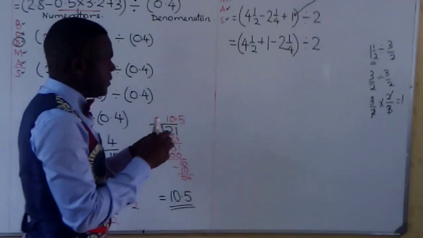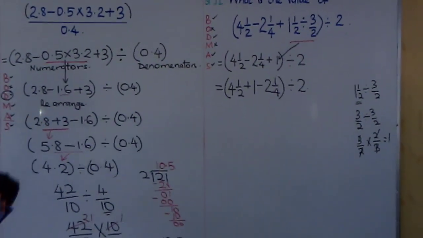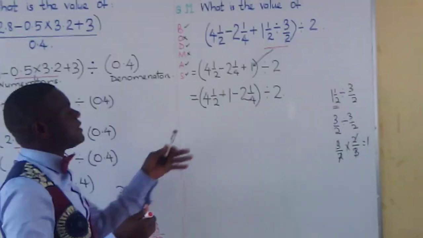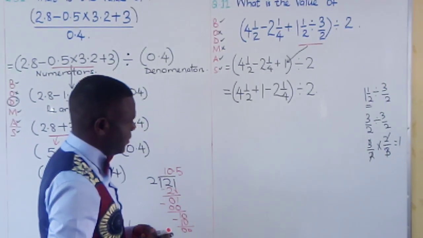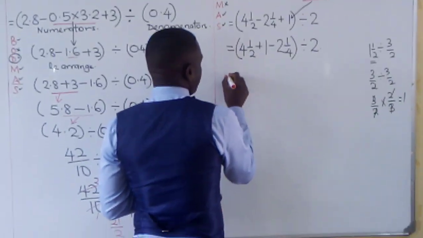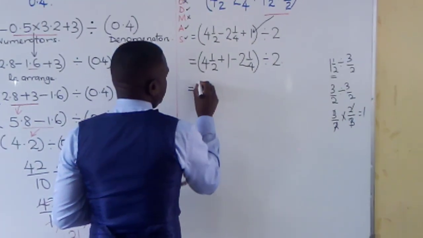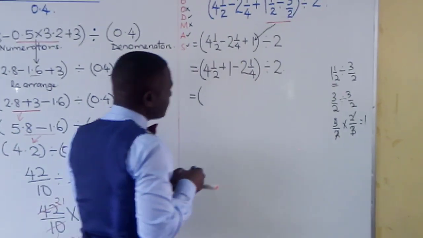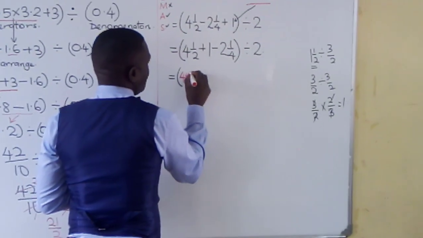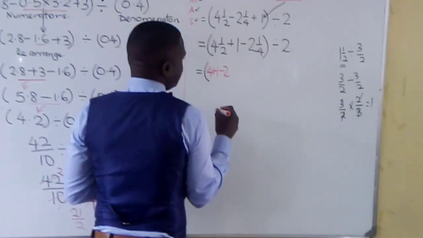Very good. Again, boys and girls, we deal with that carefully. We add now and subtract fractions, right? Remember, this is what we do. Whole numbers together, and the whole numbers are 4 plus 1 minus 2, right?